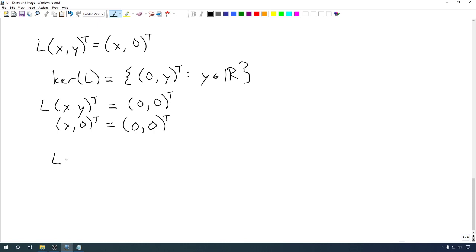So it's not too hard to see that L of R2, the range of L, is just going to be the set of all vectors (x, 0), where x can be whatever we want it to be. It can be any real number. That is our kernel and our range for this particular function, for this linear map. And note that those are both one-dimensional subspaces of R2.